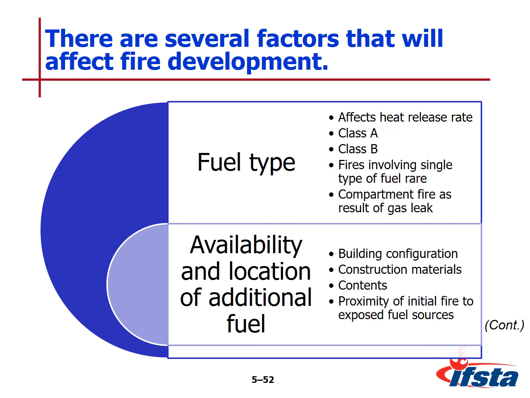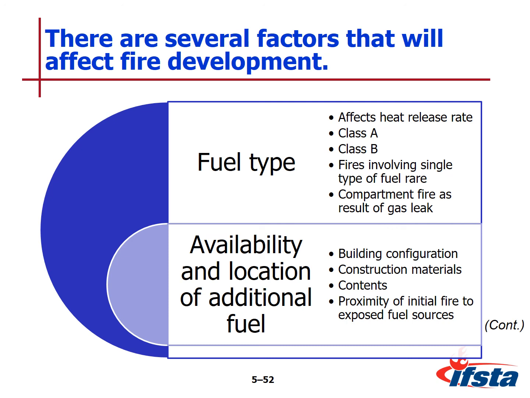Okay? So Class A fires are what? You'll learn this more later, but we'll get into it a little bit now. Class A fires are what? Wood, paper. Wood, paper, okay? Class A, going back a little bit earlier, are cellular-based materials, woods, papers.